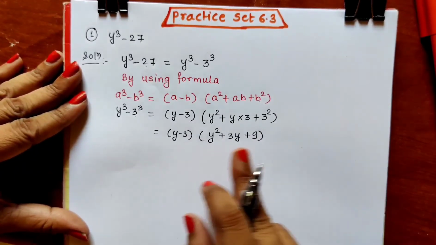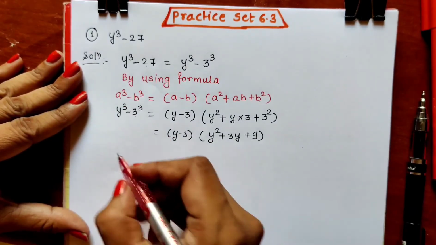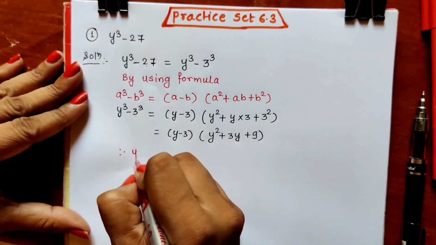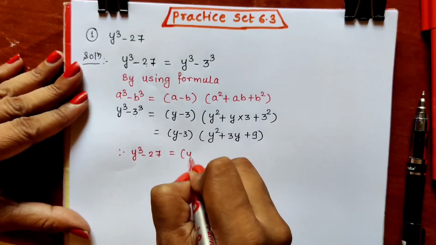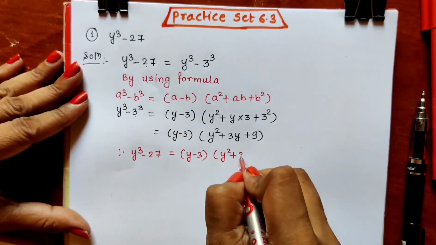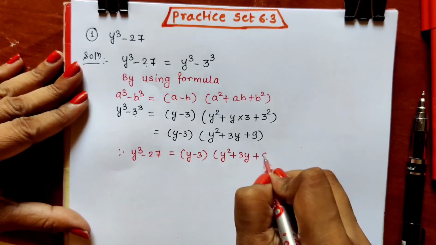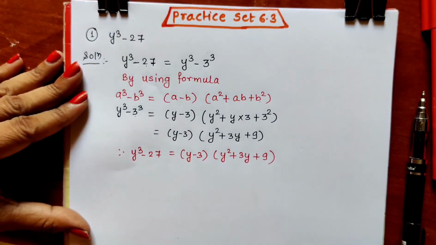So in this way we have got these two brackets which are the factors. In the end write the answer. Therefore y cube minus 27 is equal to y minus 3 in first bracket, y square plus 3y plus 9 in the second bracket. So these are the factors of y cube minus 27.